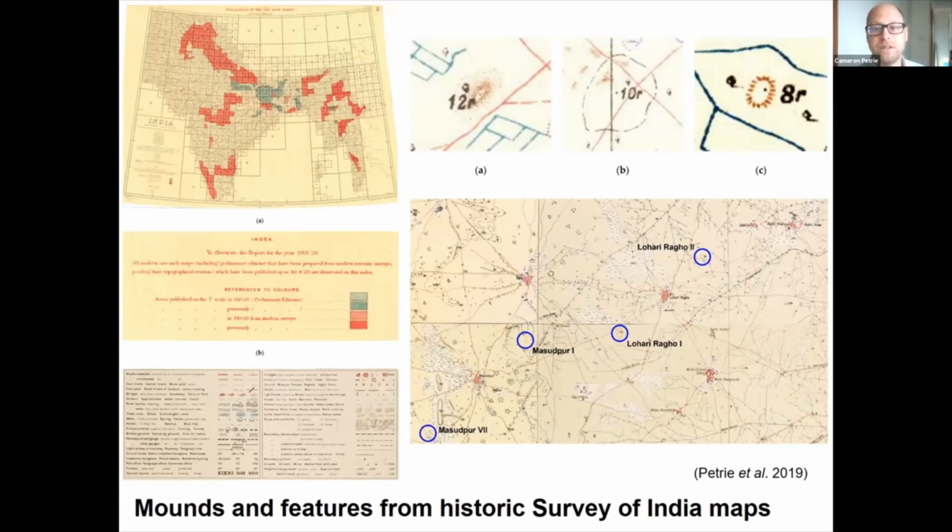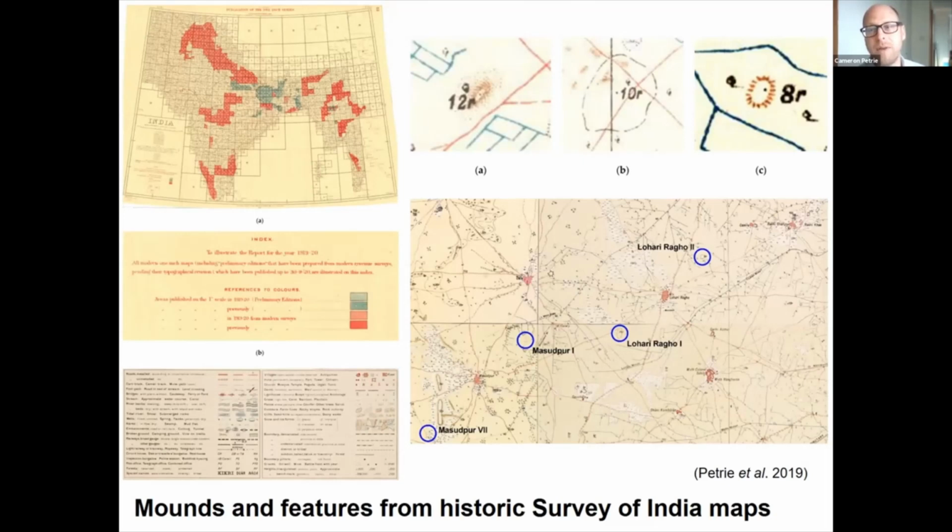And that was not necessarily a part of the original plan of the survey that was taking place. But what we have, as part of the Survey of India work, particularly the maps that were produced in the early part of the 20th century, were extremely high resolution illustrations that show us features on the ground.